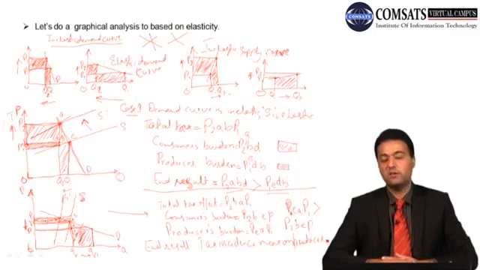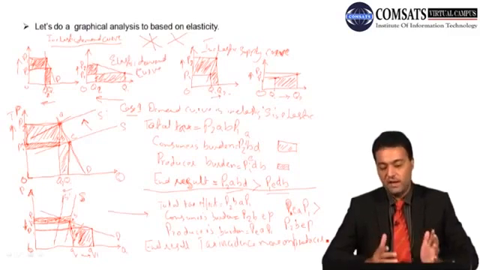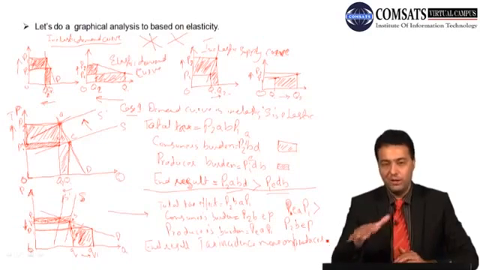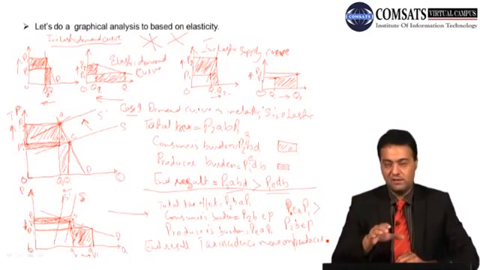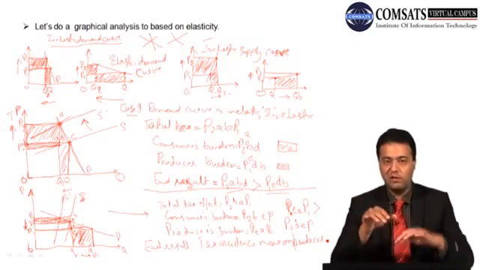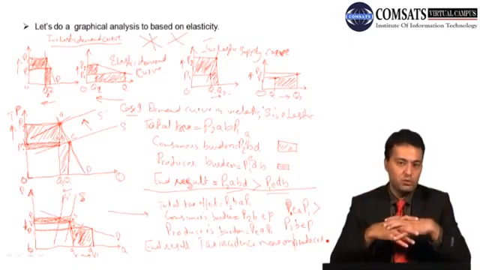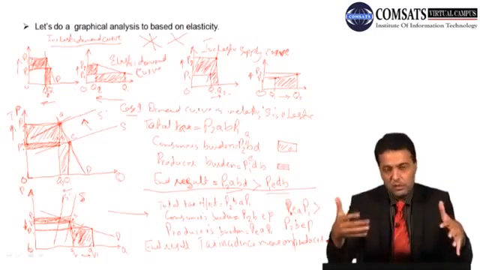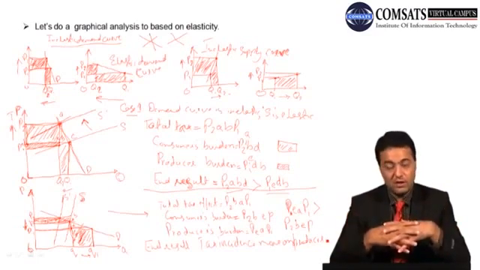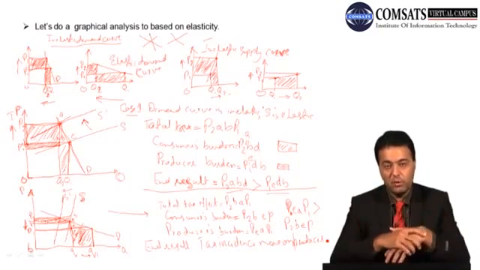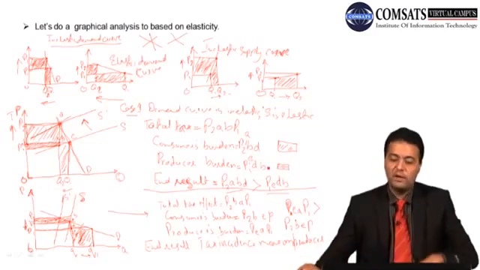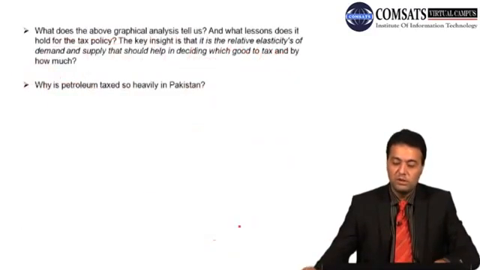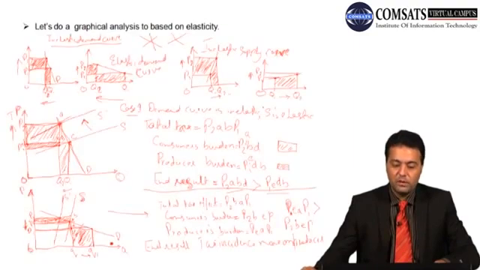That's technically known as tax incidence, and hopefully by this graphic analysis, you would have understood the difference between the two. Graphs are important, but more important than graphing is that you understand the concept. Hopefully you have. So let's move forward to the other one.